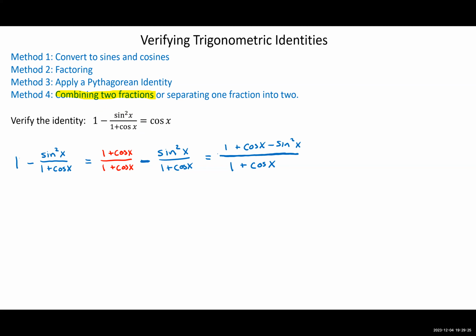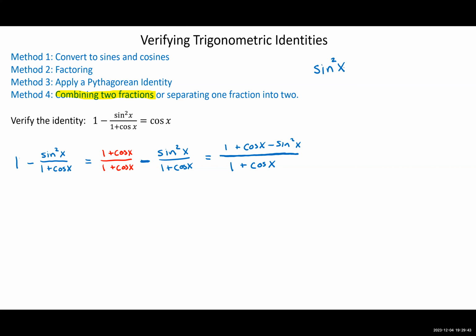All right, so now it looks like there's a couple of cosines and there's one sine, right? So let's see if we could turn that sine squared into a cosine squared. Well, we could definitely do that. We've seen this already.